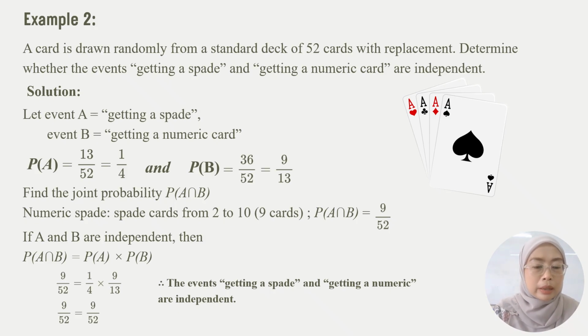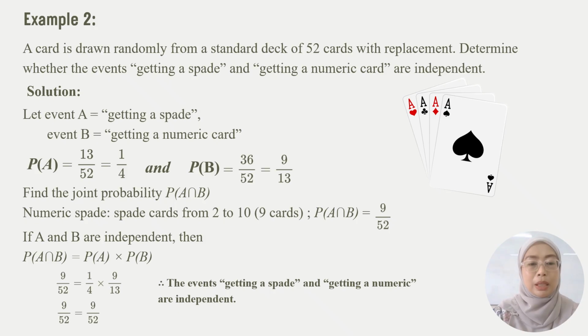So, a standard deck has 52 cards. There are 13 spades, so the probability of A equals 13 over 52, and simplifying, we get 1 over 4. The numeric cards usually start from 2 through 10, so there are 9 ranks. Each rank has 4 suits, so there are 9 times 4, which equals 36 numeric cards.